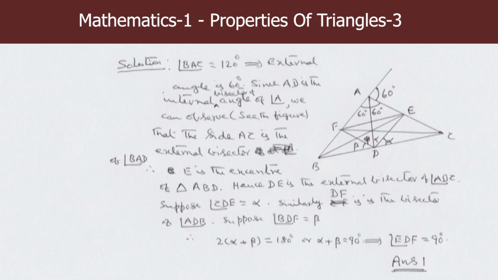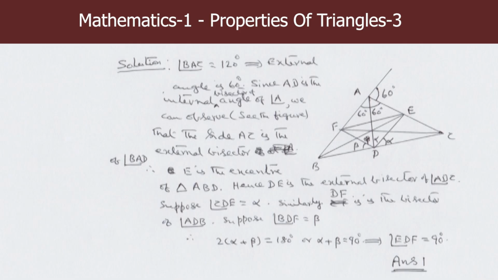E is the external excenter of triangle ABD. E is the excenter of triangle ABD opposite the vertex B. Similarly, you can get F is the excenter opposite the vertex of ACD. Hence DE is the external bisector of the angle ABC.